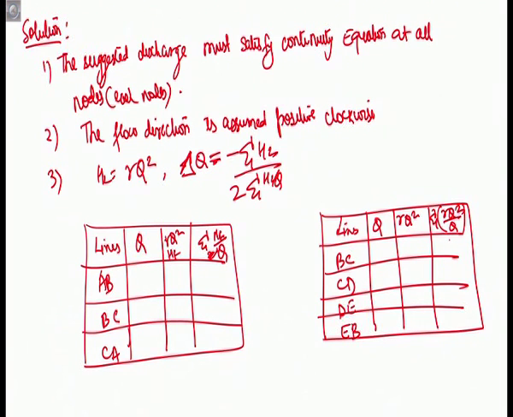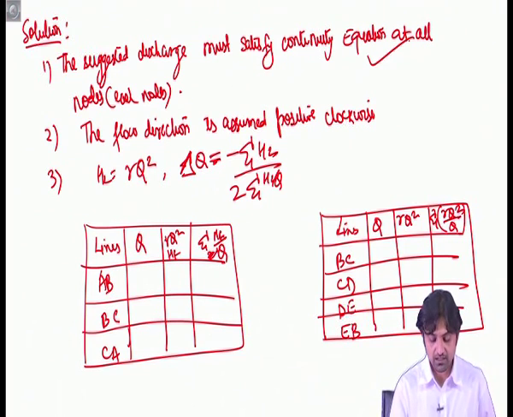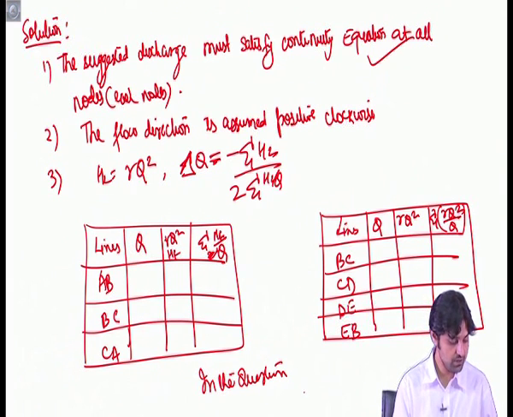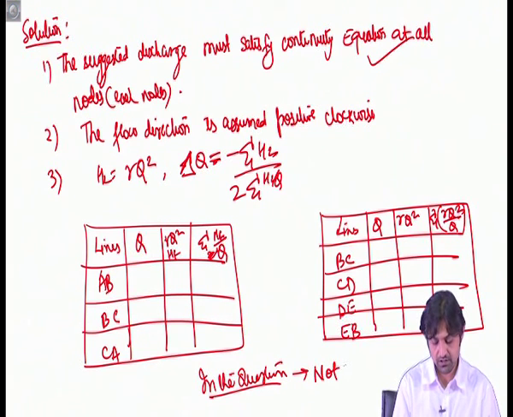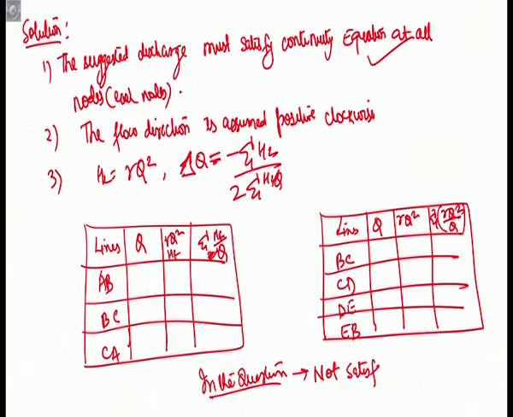In the current problem, we clearly see that the continuity equation is not satisfied at all. Therefore, in the question, if we have to check if it is satisfactory, our answer is that it is not satisfactory.